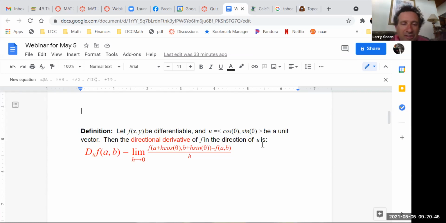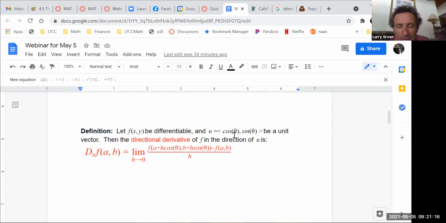If you take one step in the direction of u, which again might be southwest, then how steep are you going to have to take that first little step? And by definition, the first thing we write is D sub u, capital D, which means directional derivative. The way we read the sub u is in the direction of u.